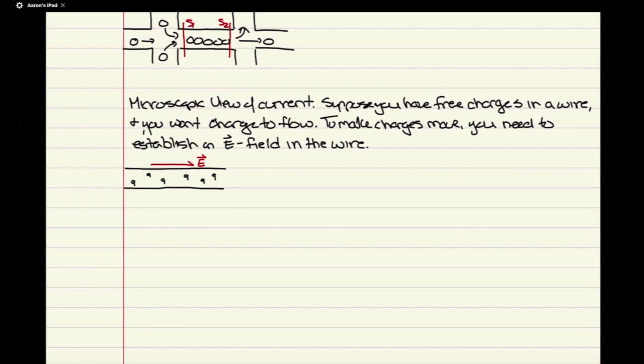Now, if these are free charges that are just roaming around this wire, they are not just hanging out stationary, like a solid lattice. These charges, if they're free to roam around, have random motion, just like how the molecules of air in this room are flying around in random directions and colliding with each other, or like the example of random motion we looked at the beginning of this lecture. Each of these charges has some random motion that is associated with it.